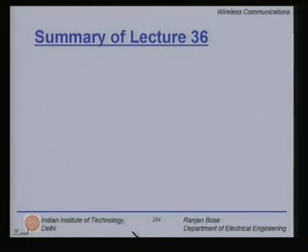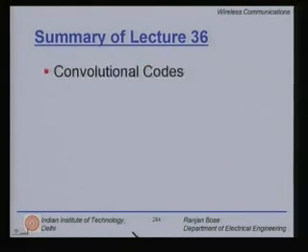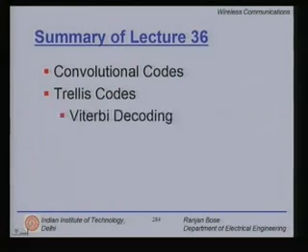Let us now summarize today's lecture. We started off with convolutional codes, which are codes with memory. We decided how to represent convolutional codes in the form of state diagrams, and then finally in the form of trellis diagrams. We learned how to encode using a trellis diagram as well as decode using a trellis diagram. We looked at the Viterbi decoding algorithm and did an example.